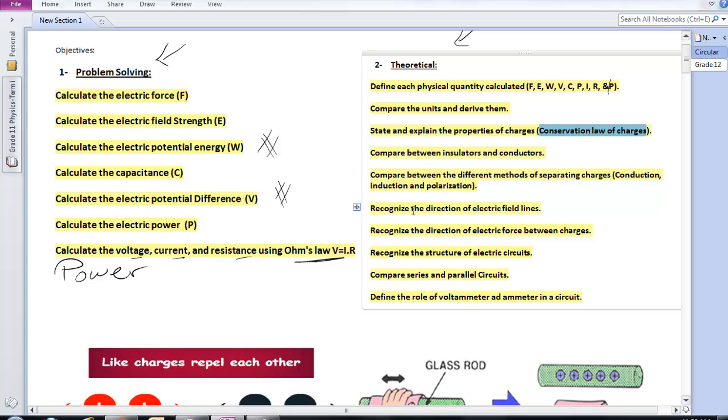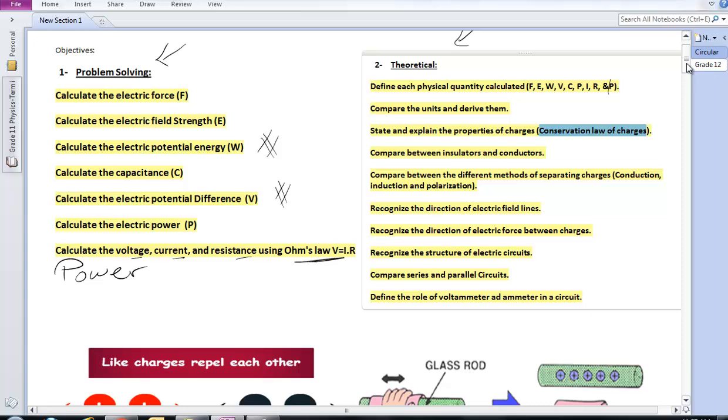We will recognize the direction of electric field lines, especially if you have the same or different electric charges. We will recognize the direction of electric force between charges and the structure of the electric circuit. And we will compare the series and parallel circuits and how we can calculate the equivalent resistance for both. And finally, we are going to define the role of the voltmeter and ammeter in a circuit.